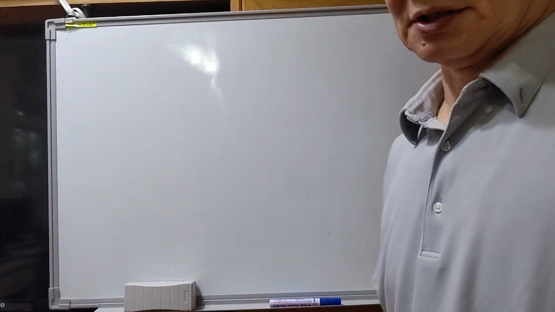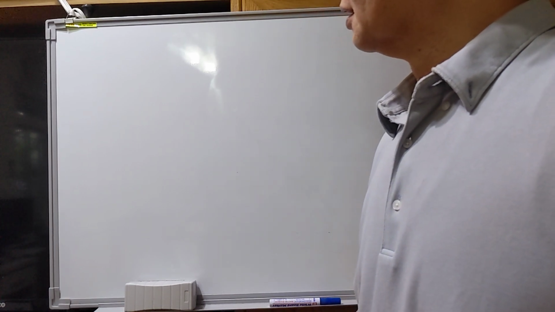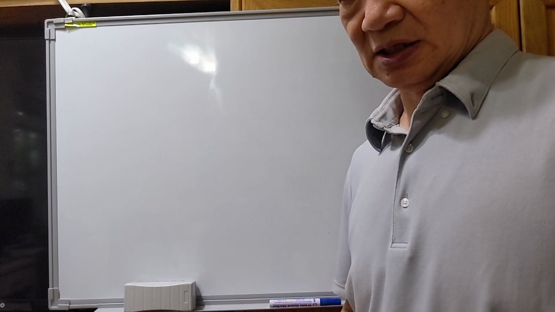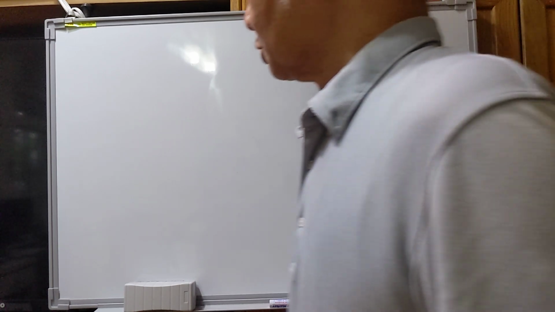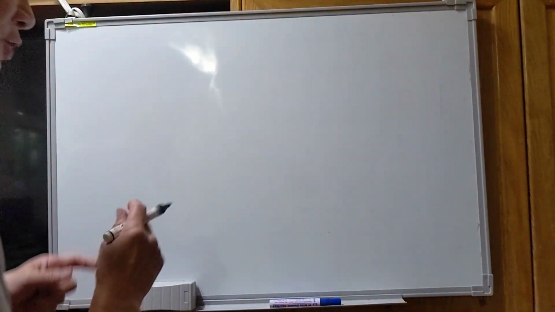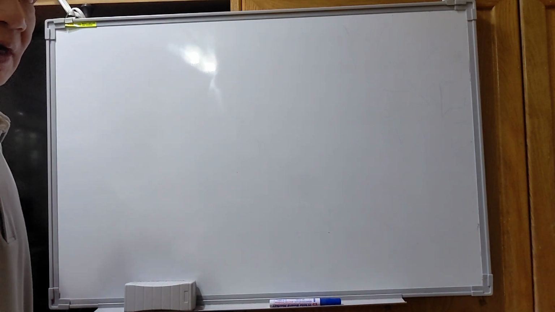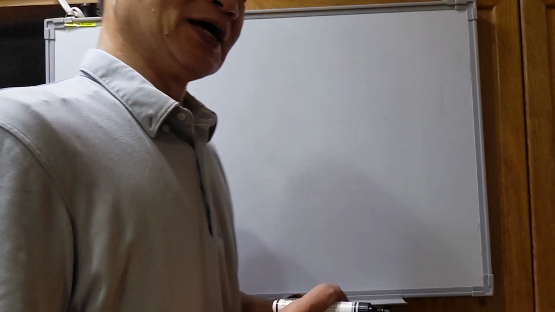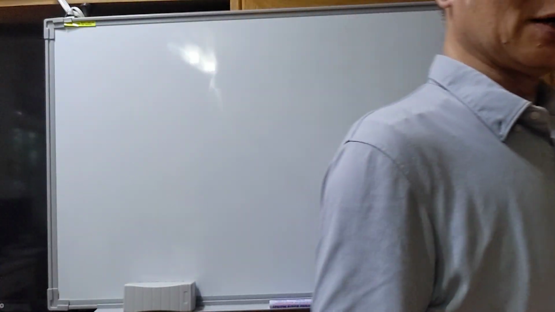Okay, let's continue. If we try to use the Jacobi method to solve the problems, first we need to search all the off-diagonal elements to find the element with the maximum absolute value.